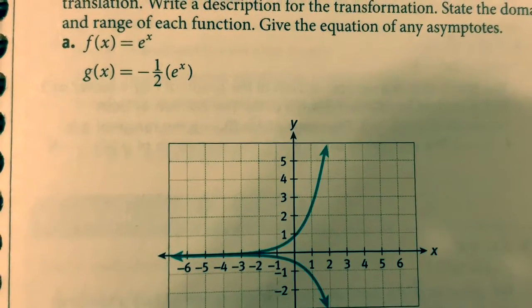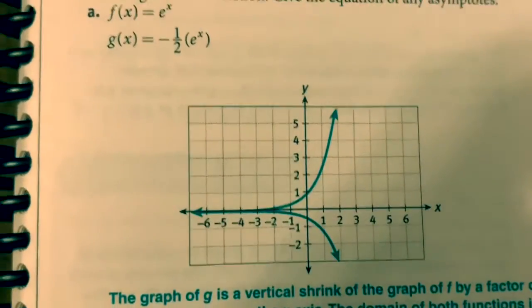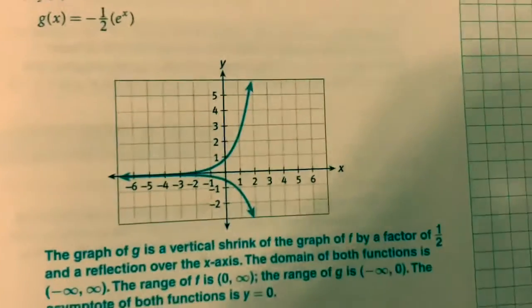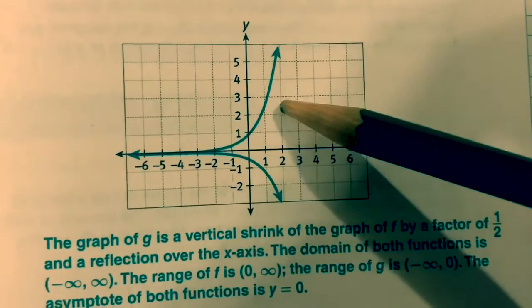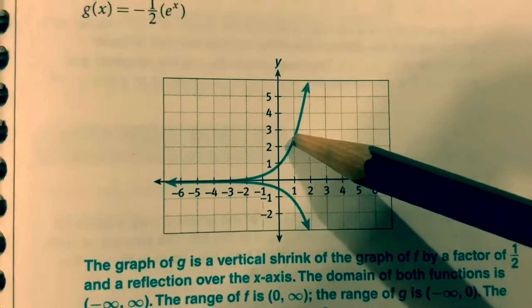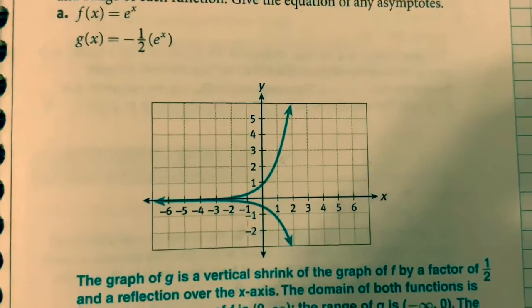And when x is 1, I can see that it roughly goes through 2.7 right there. And I can find some other points as well.